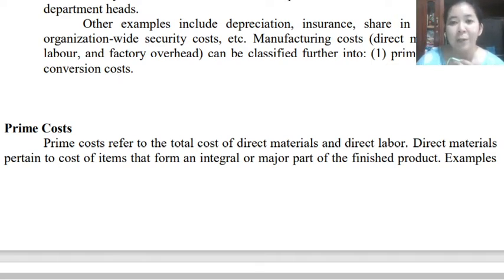Our direct materials are the items that form an integral or major part of our finished product. At the same time, direct labor is applied together with the materials to transform them into our finished inventory.